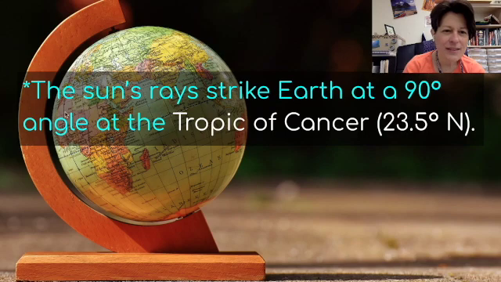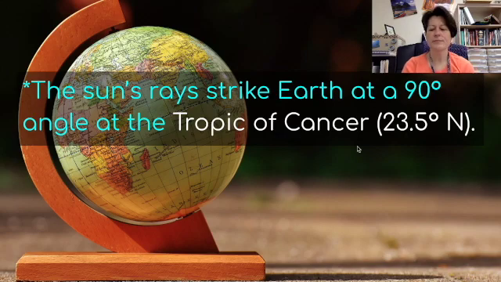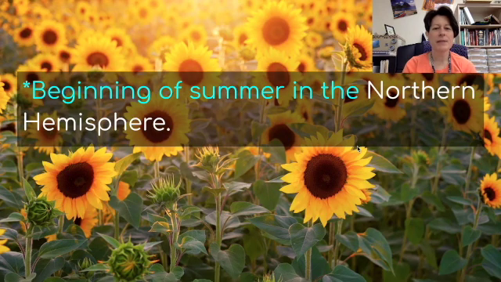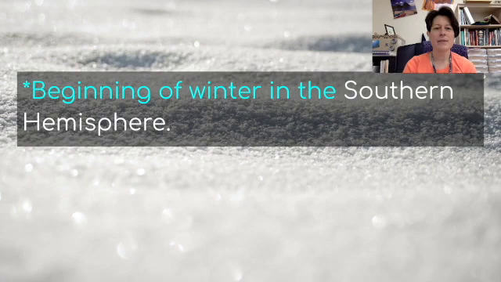Here is the equator, and here is 23.5 degrees north. This is the beginning of summer in the northern hemisphere, so it would be the summer solstice there. And it's the beginning of winter in the southern hemisphere, so it would be the winter solstice.